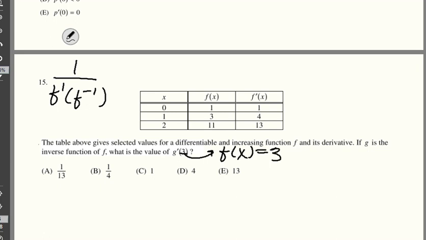This is looking like we're tracing back to 1. So this x value is 1. 1 over f prime of 1, and that is 1 over 4, which is answer choice B.